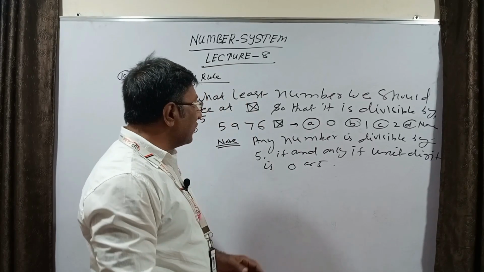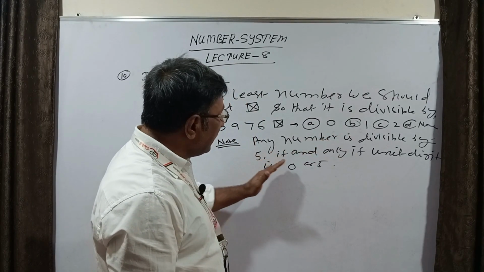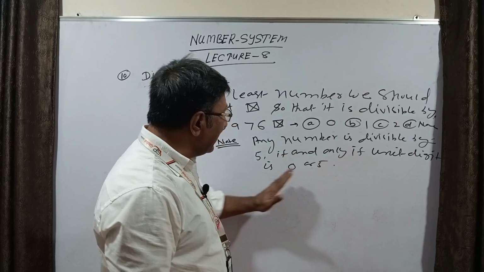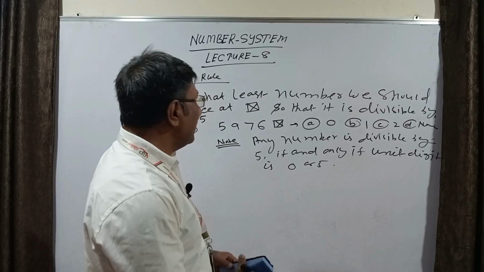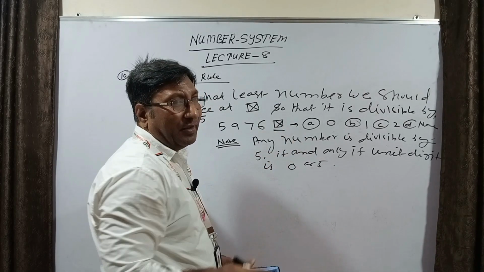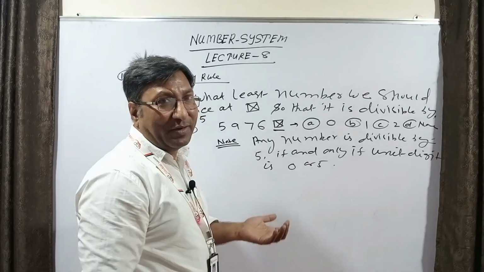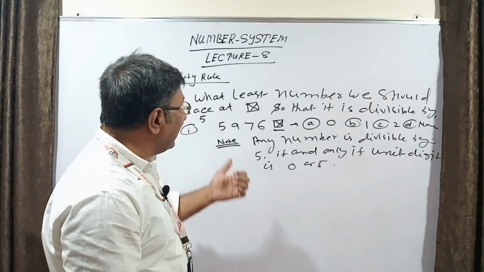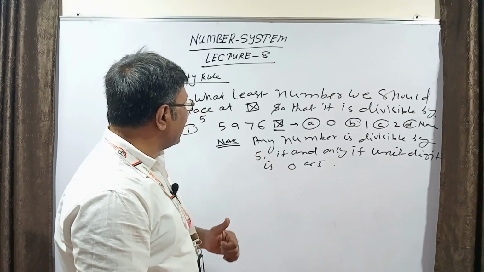So it is a simple technique, you check what your unit digit is. If the unit digit is 0 and the other digits are any number, no problem, it will be divisible by 5. So 0 or 5.